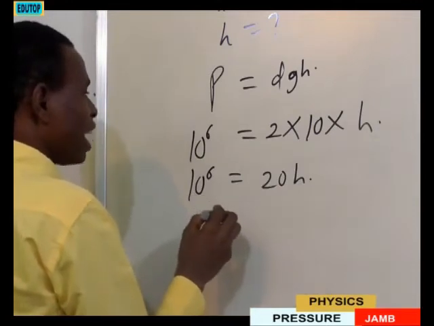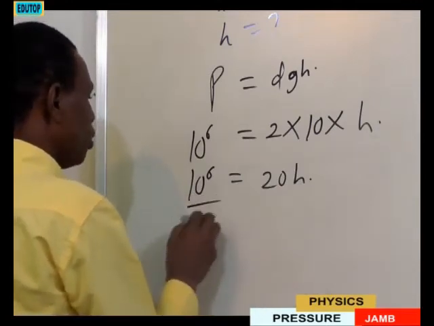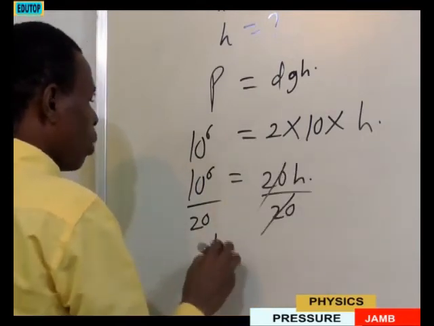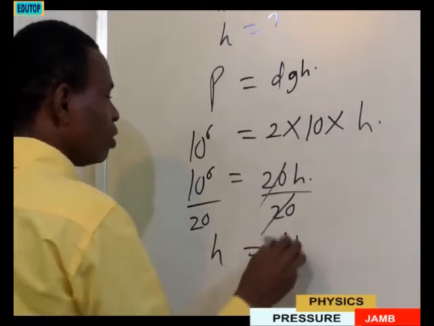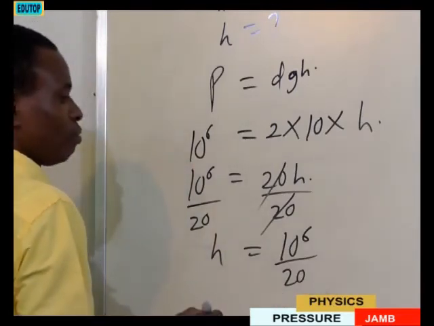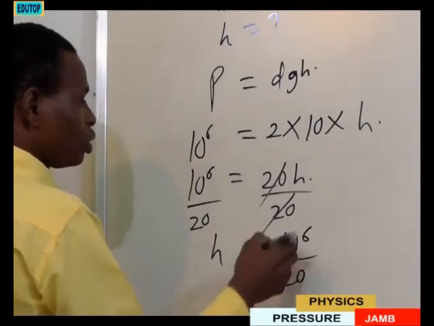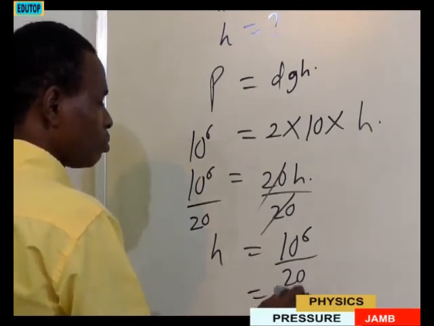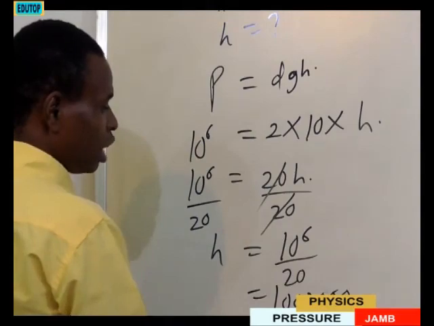If you divide both sides by 20, we are going to have our h, the height, equal to 10 raised to the power 6 divided by 20. And 10 raised to the power 6 is 1 million, that's 60, divided by 20.